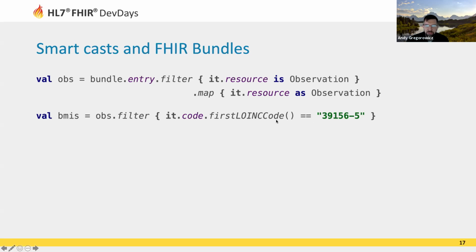So now I can filter this down. When I look through my list of observations, I'm looking for the LOINC code here for BMI. So I can filter it down, and now I just have a list of the BMIs from this FHIR bundle.